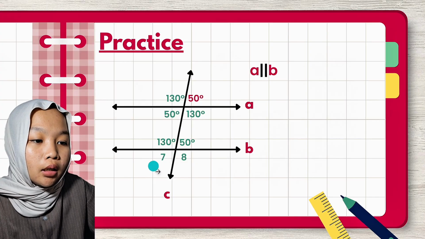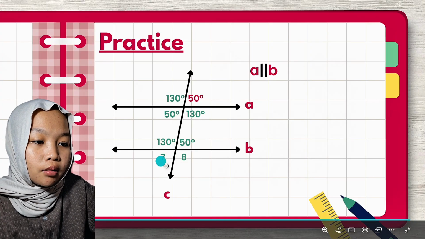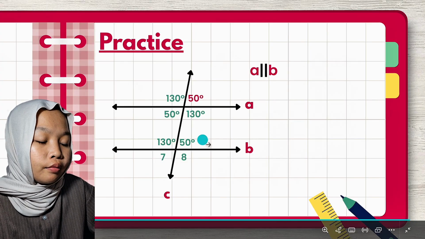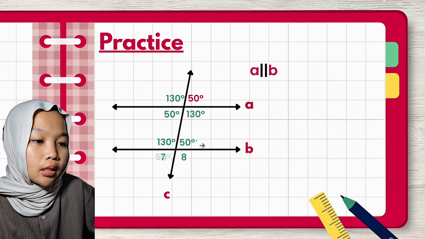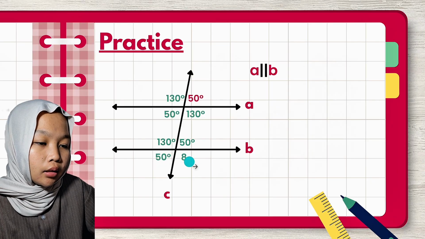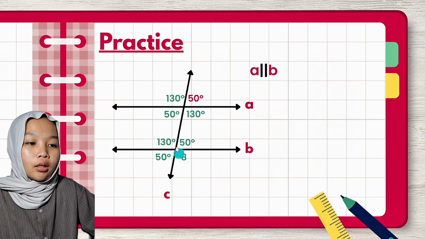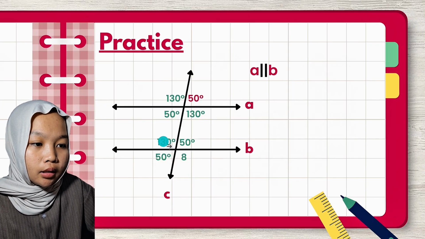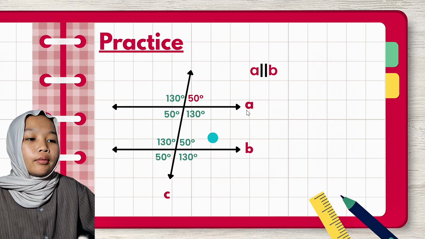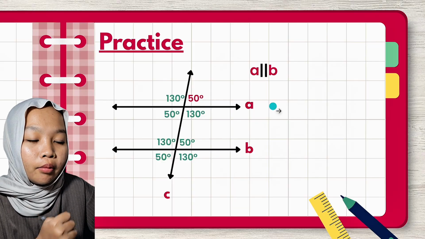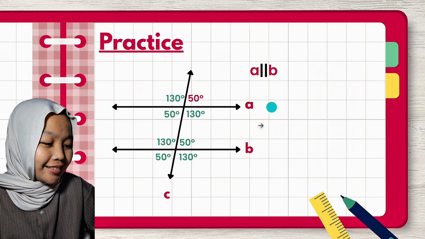Then we know angle 7 is a vertical angle with 50 degrees, so we change it. And angle 8 is also vertical with this, so it becomes like this. Yeah, I hope you understand this.